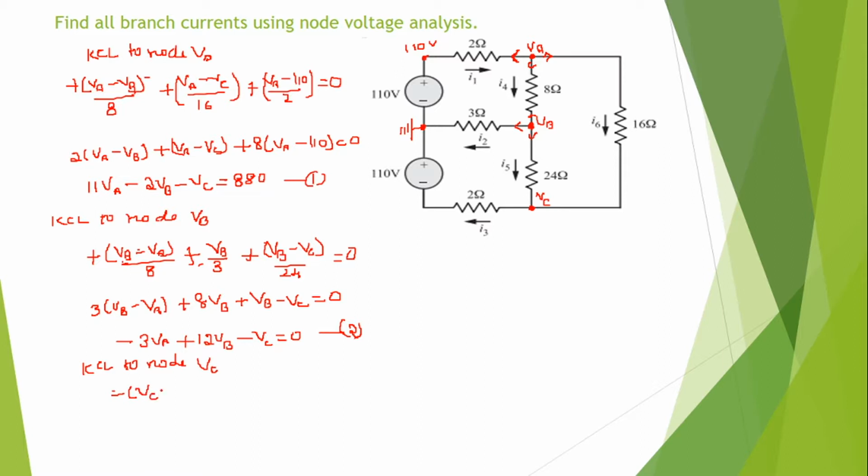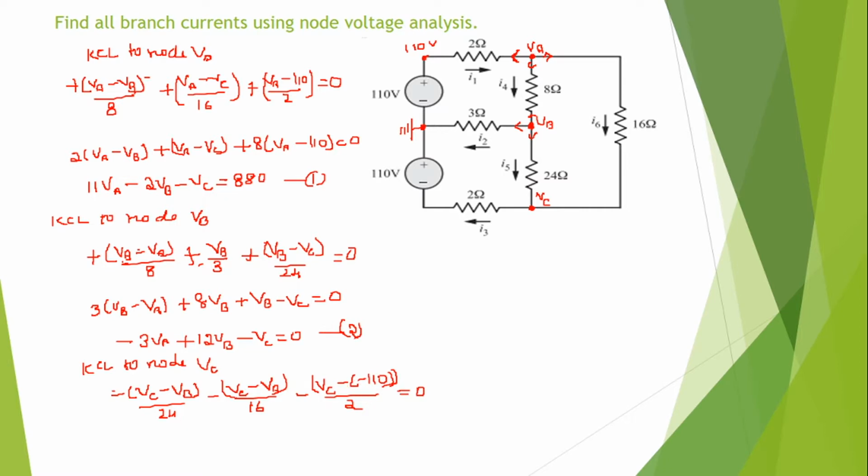Minus (VC minus VB) by 24 minus (VC minus VA) by 16 minus (VC minus 110) divided by 2 equal to 0. So here the question arises, VC minus 110.